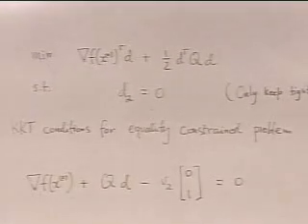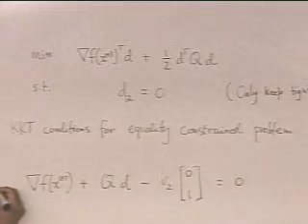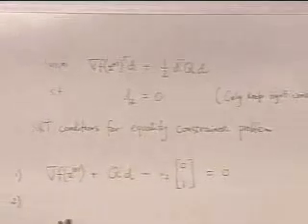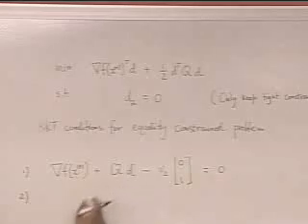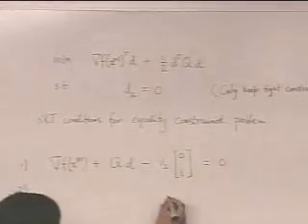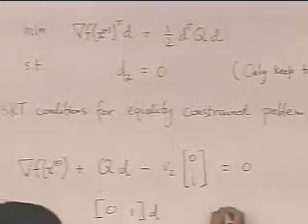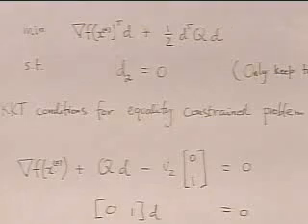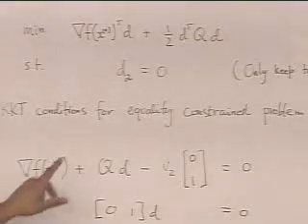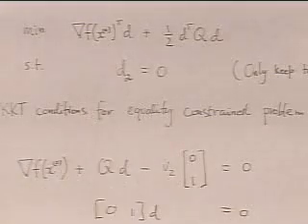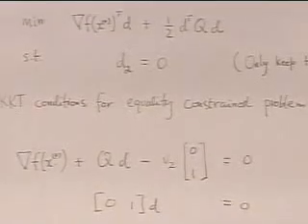All right? Okay, so this is the gradient condition. The other condition is that I have to worry about this d being feasible. So I should have that 0, 1 times the vector d must equal 0. This is just a fancy way of writing this condition: the second component must be 0.